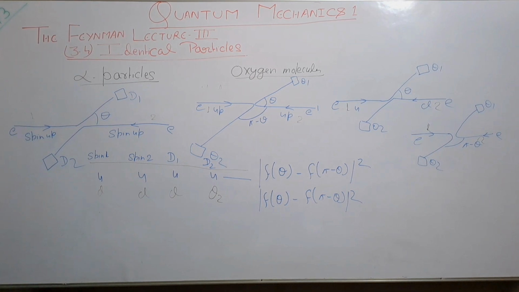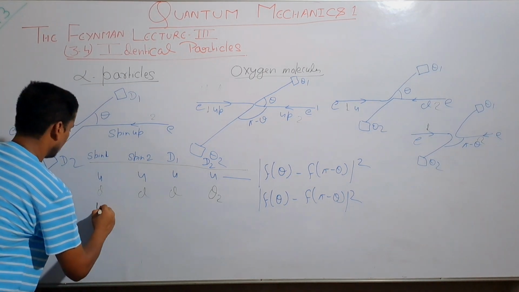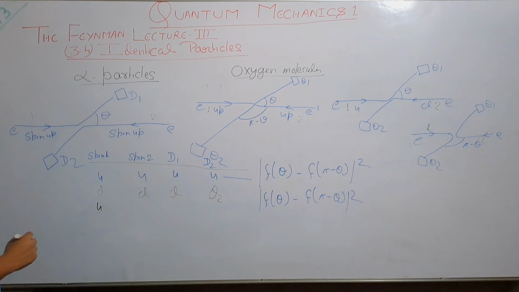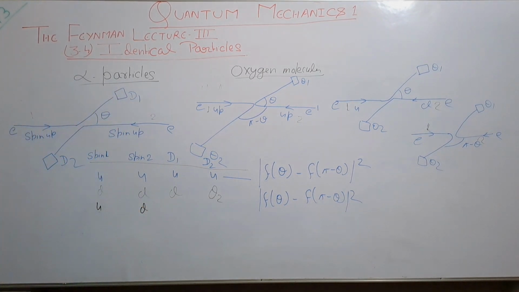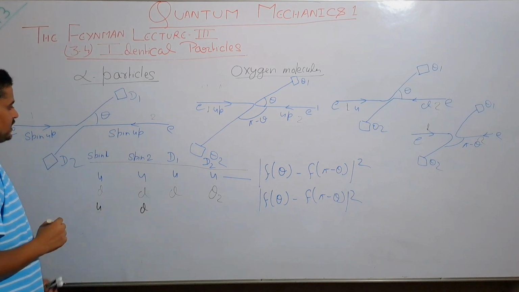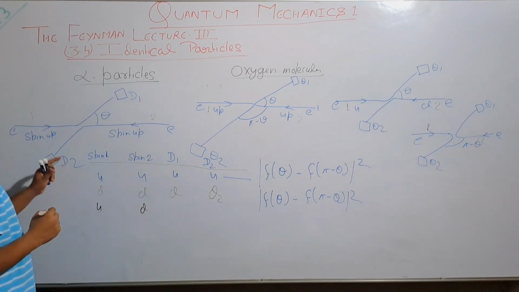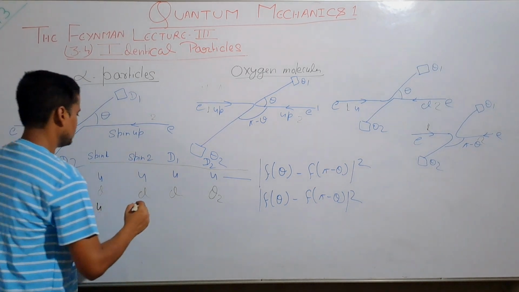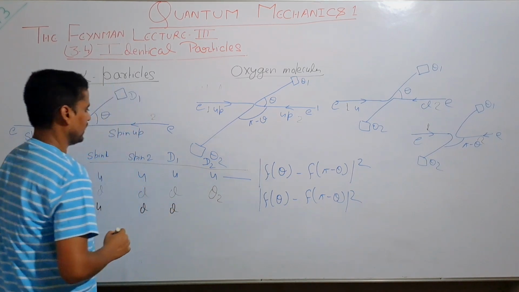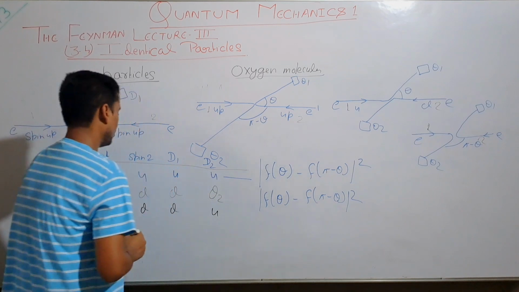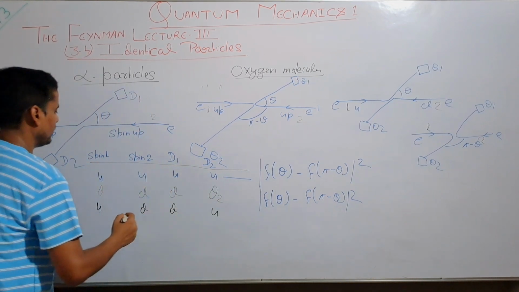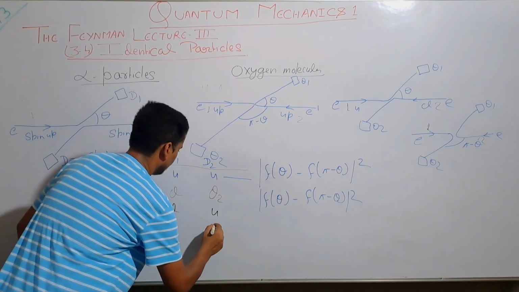Suppose electron 1 has spin up, electron 2 has spin down, and suppose at D1 the spin has changed. So at D1 we are getting spin down, and at D2 we are getting spin up. Again at D1 we are getting spin up and down.